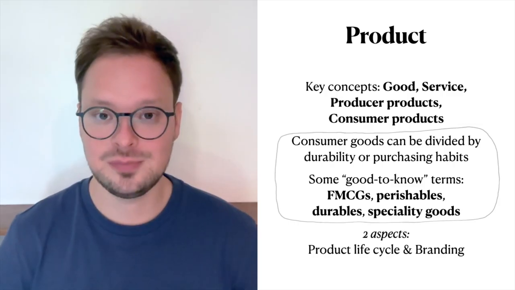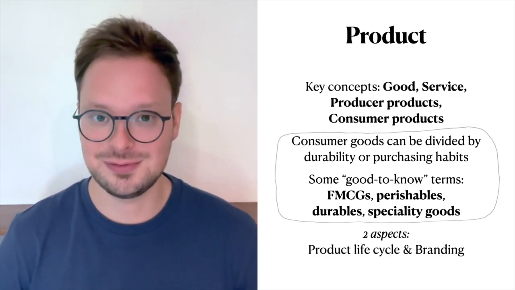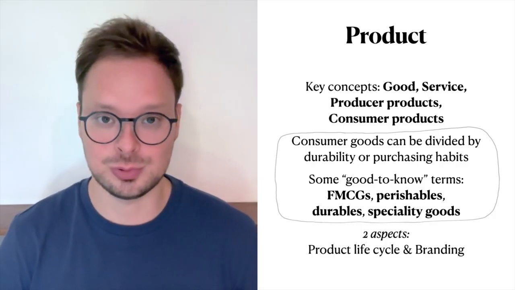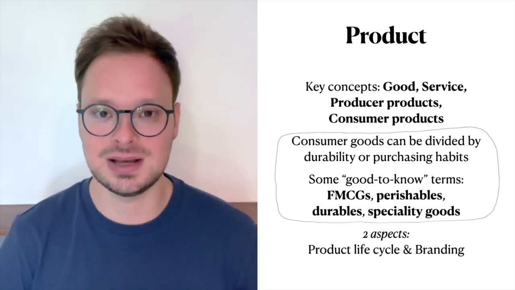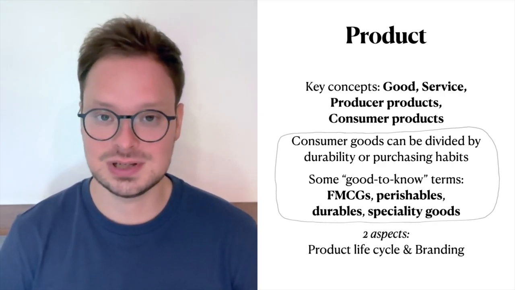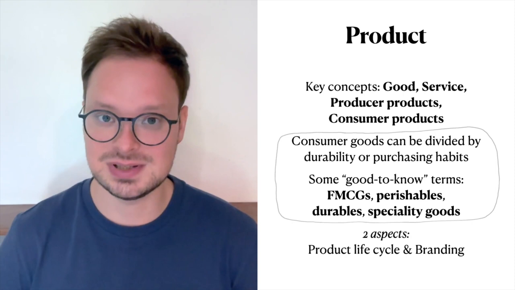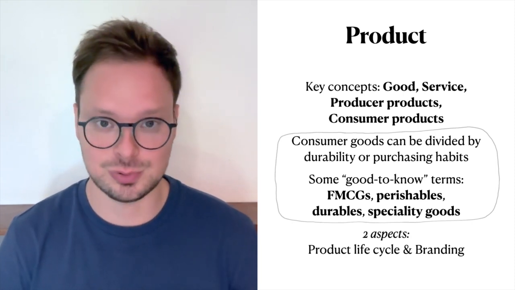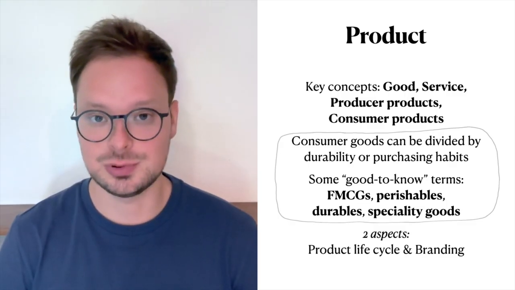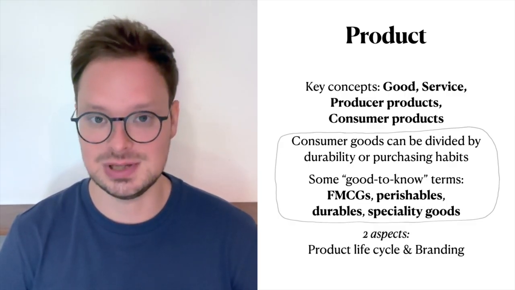For example, if products are for us, for common people, for consumers, then these are consumer products. For example, anything you can buy in a supermarket would be a consumer product. But if products are for other businesses, then these are producer products. Consumer products are B2C, business to consumer, and producer products are B2B, business to business.